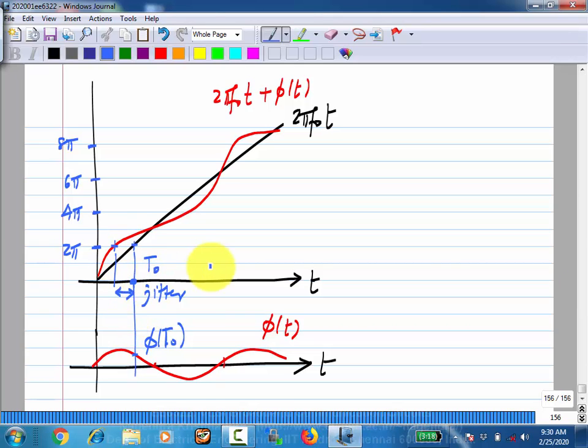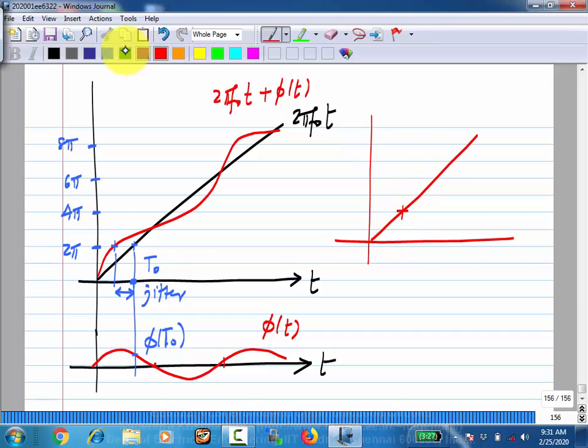How do you find the jitter now? When this phi of T naught is small, how do you find the shift in zero crossing? So let's say a signal is like this, right? The phase was marching off like this and it crosses 2 pi at this instant, okay.